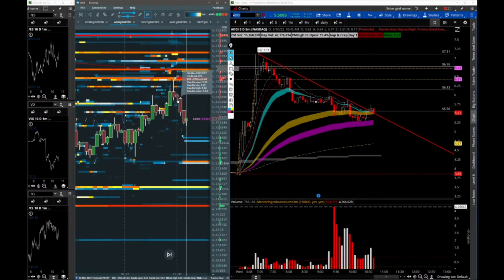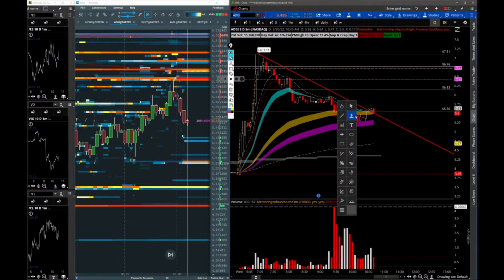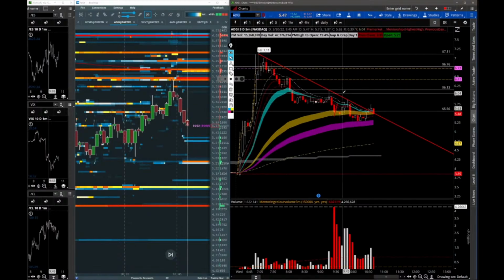Am I in? Did I add more? No, I didn't add over here. So I'm just waiting for that push into ideally the 6, which would be my favorite level to short, otherwise I'm holding like this.